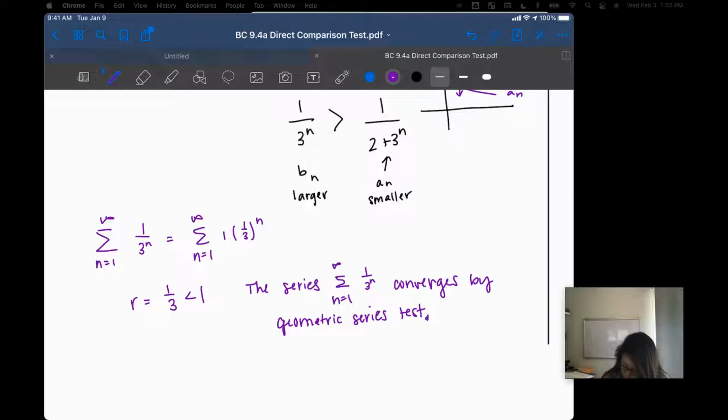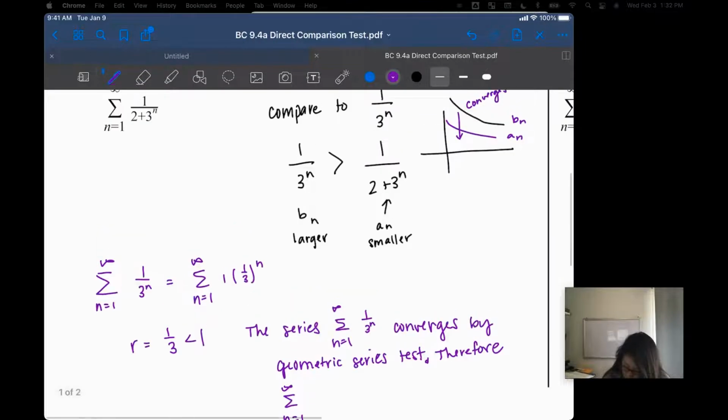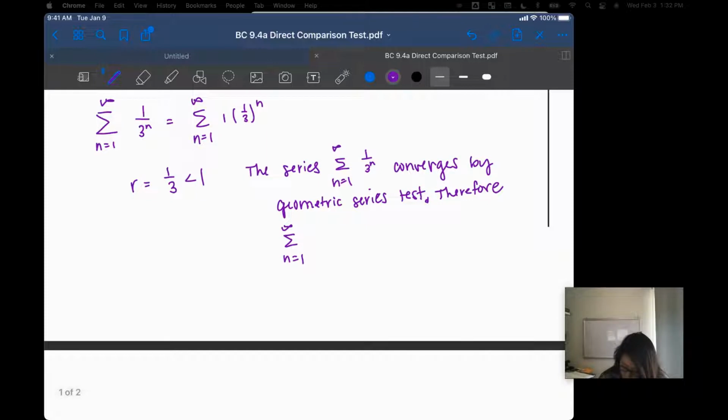Therefore, our original series, which we know is smaller than b sub n, will also converge. This is 1 over 2 plus 3 to the n, and it converges by the direct comparison test.